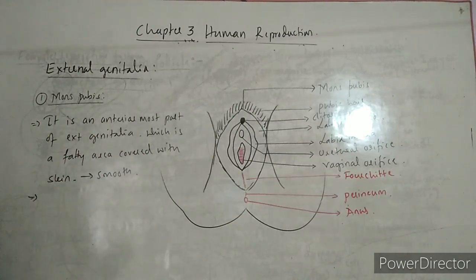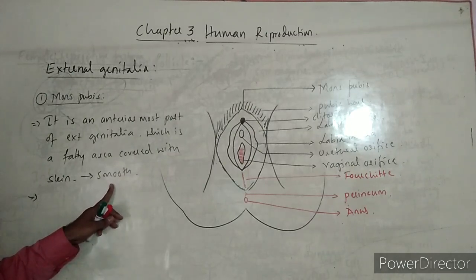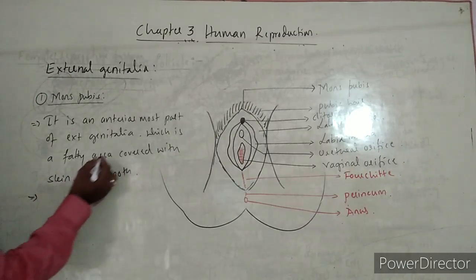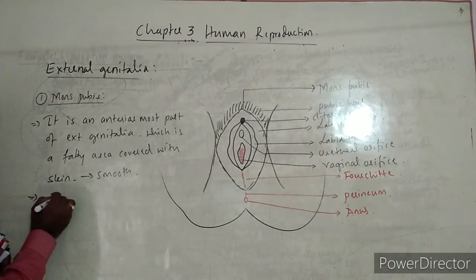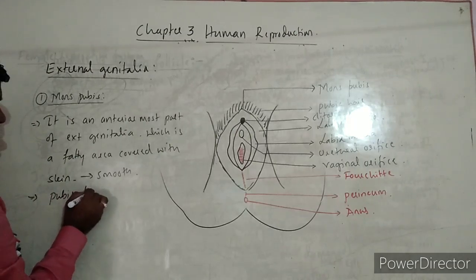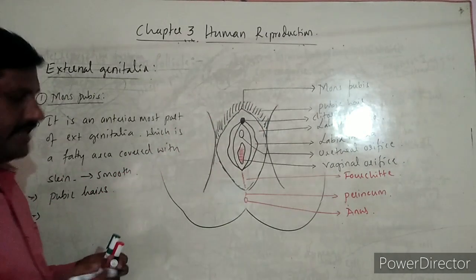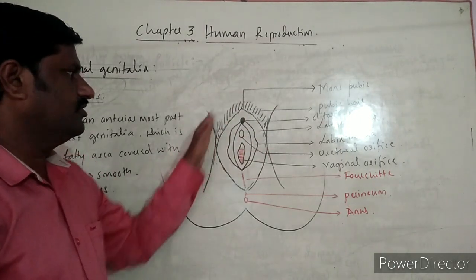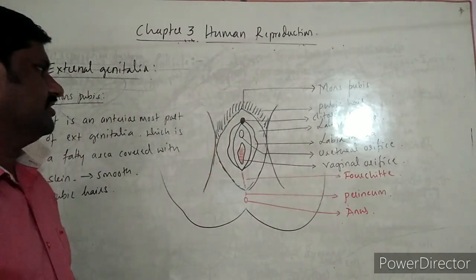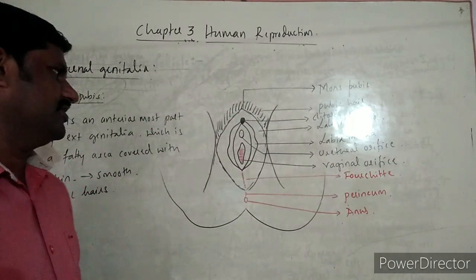Because it is a fatty area that you come across, and that fatty area is covered with the skin, hence it is a very smooth area, right? And it is covered not only with the skin but also the pubic hairs that you come across here. You are finding over here pubic hairs, right? And this is about the mons pubis. This is the dome shaped area that we come across on the anterior most part of the external genitalia.